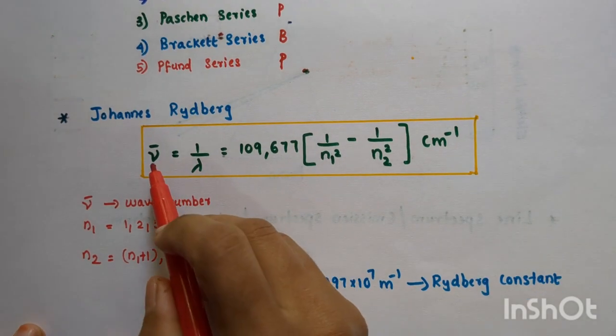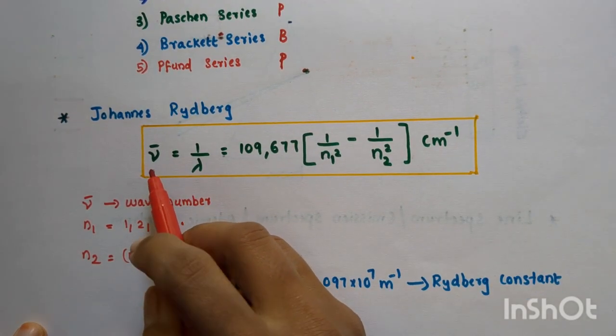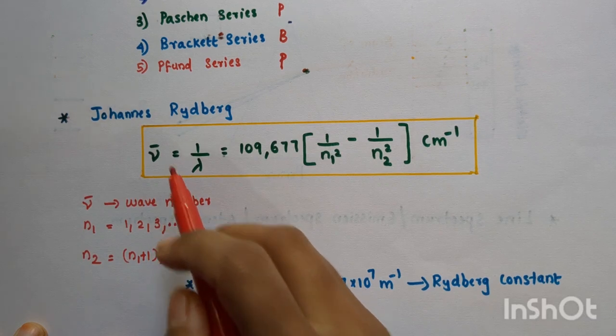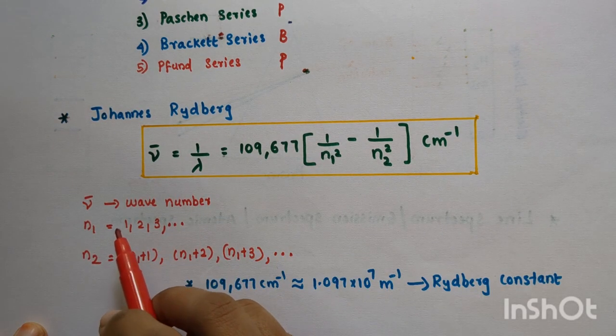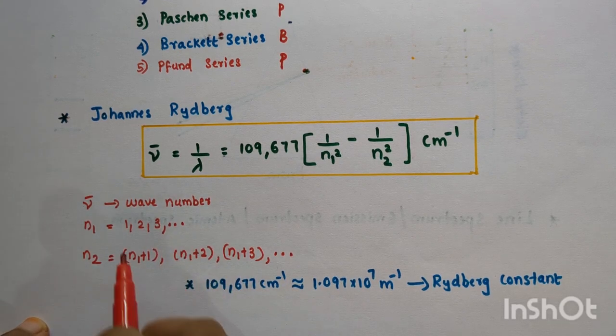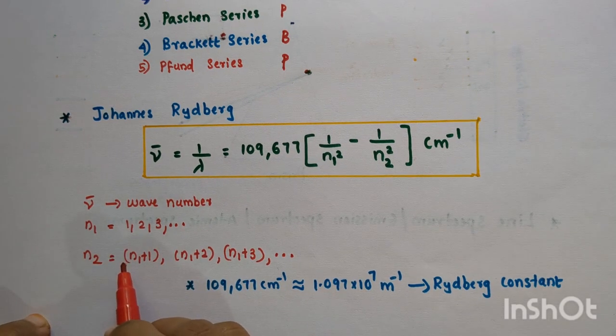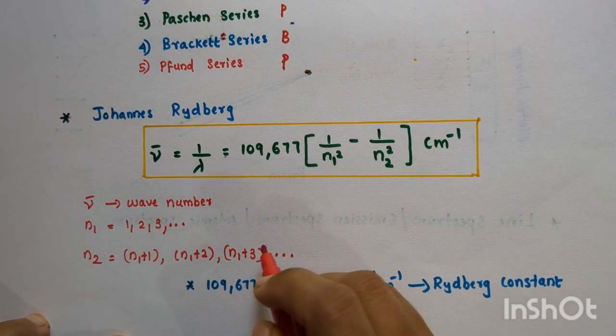In this expression, nu bar or 1 by lambda is called the wave number. n1 can have values 1, 2, 3, 4, 5, etc. n2 can have values n1 plus 1, n1 plus 2, n1 plus 3, etc.